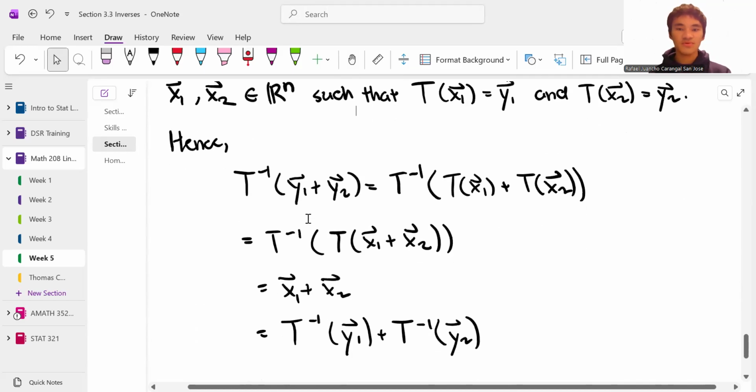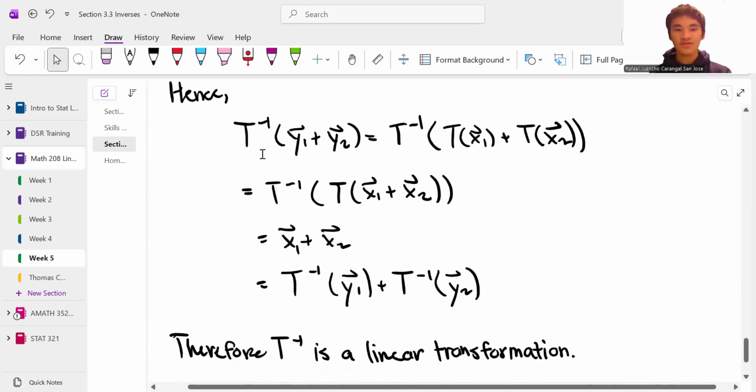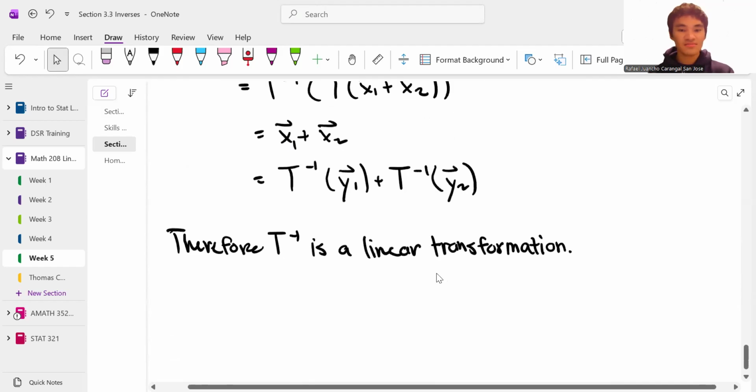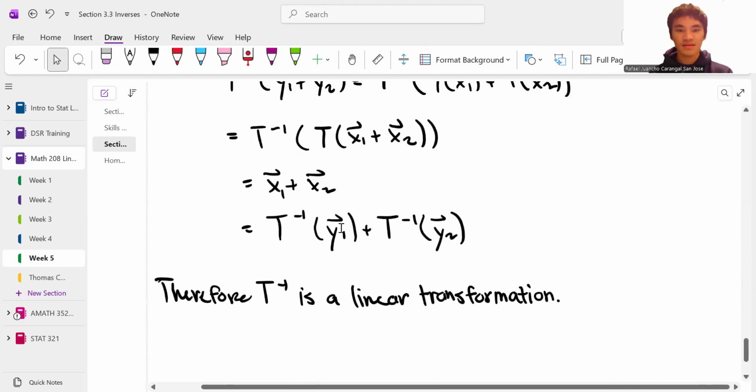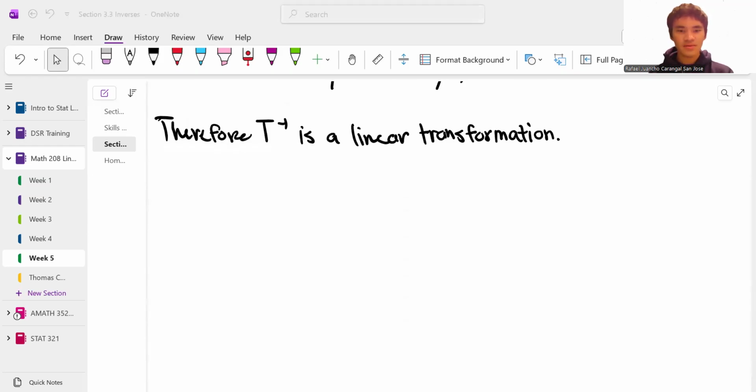So here we basically prove that when we get the inverse, and then we translate that, at the end, this is the first property of what it means to be a linear transformation, and so we see that there is. Okay. All right, now we're going to continue. Oh yeah, we can also prove this using the scalar one, but I'm not going to do that today.